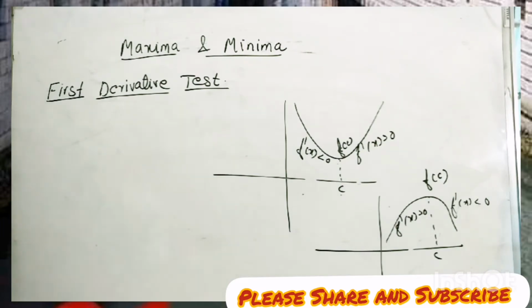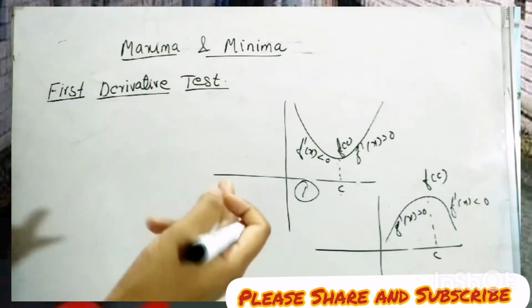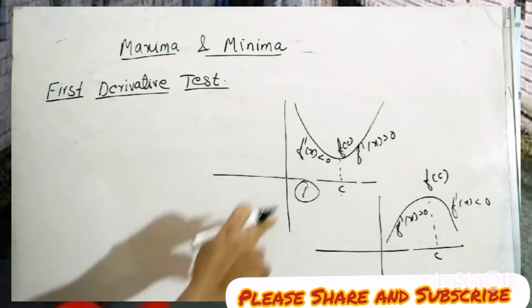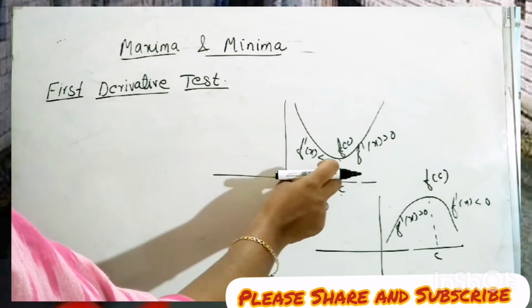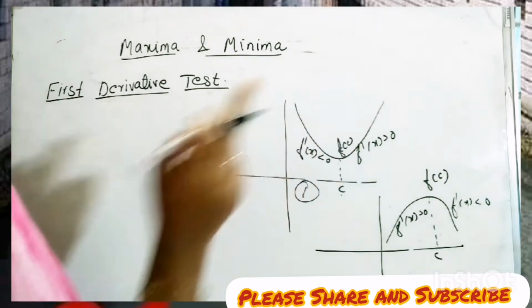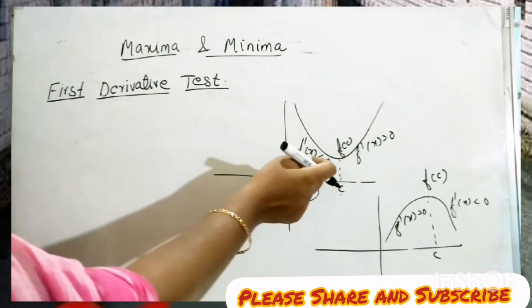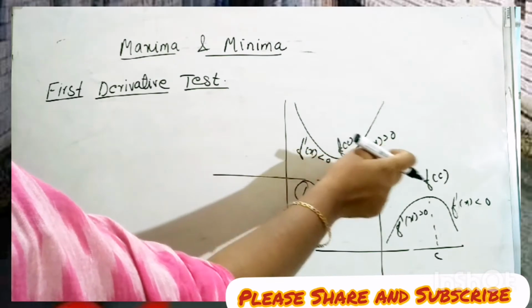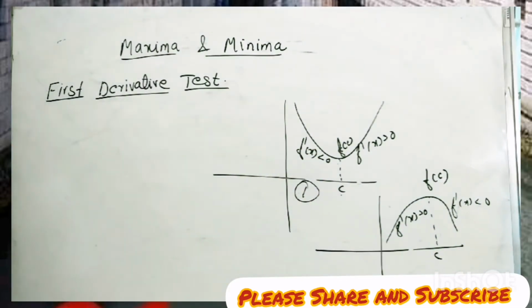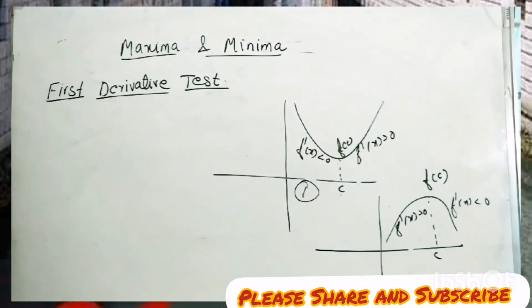We know that this x is equal to c in the first figure is the point of local minima, and here we have the sign change of f dash of x from negative to positive. And in the second figure, x is equal to c is the point of local maxima, and here the sign change is from positive to negative.